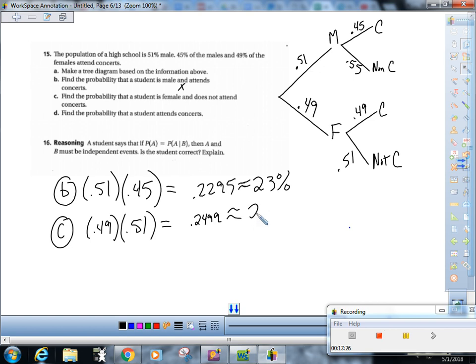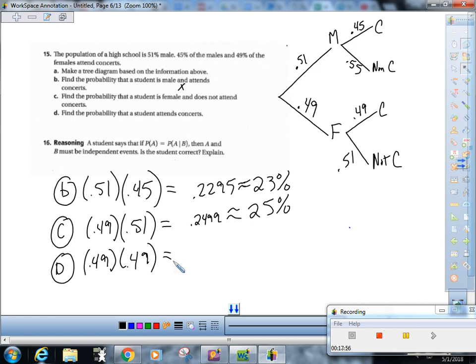So about 25% of people are females that don't attend concerts. What is the probability that a student is female and does not attend concerts? .49 times 0.49. Oh, we're on D. Sorry, D.